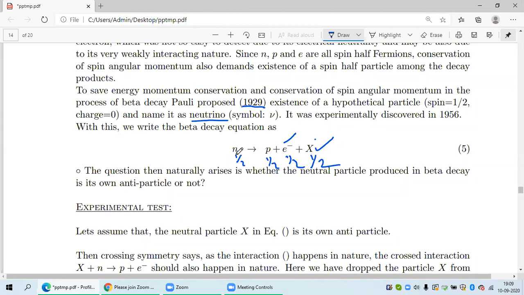So spin angular momentum can be conserved with this X. Though we don't experimentally see any track for this particle X initially, because it is a neutral particle, we require it in order to satisfy energy momentum conservation as well as spin angular momentum conservation. Is it correct? Yes. Is it okay? Yes, sir.